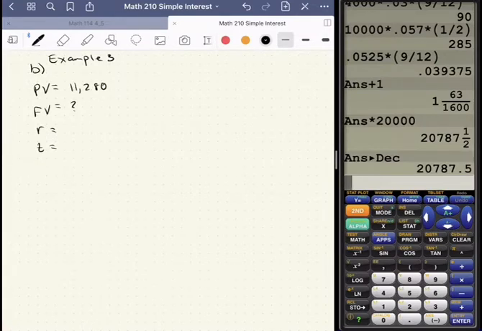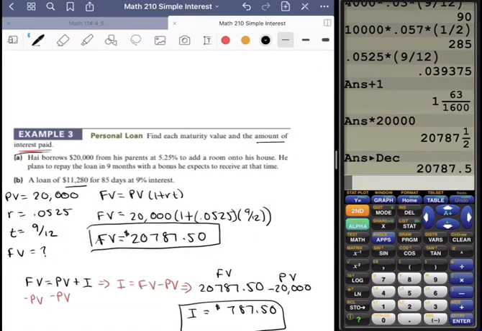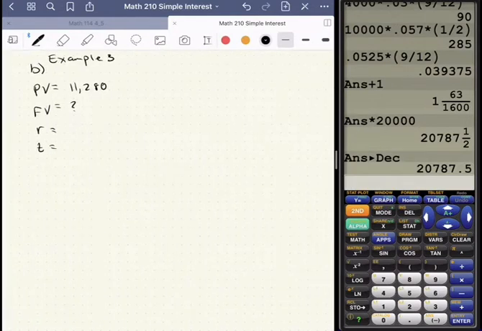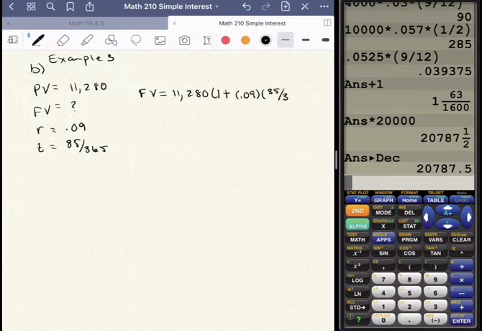Future value, that's what we're looking for. I believe a rate of 9%. Yes, 0.09. And it was for 85 days. So how many days are in a year? 365. So this becomes 85 over 365. So future value equals present value, which is 11,280, times 1 plus 0.09 times 85 over 365.